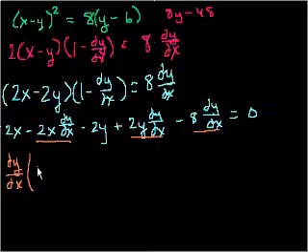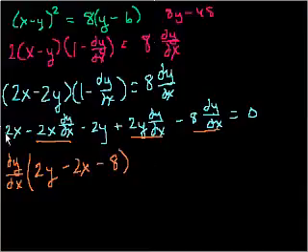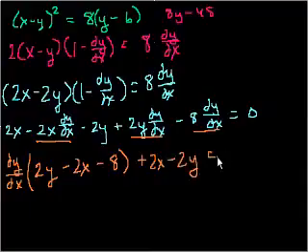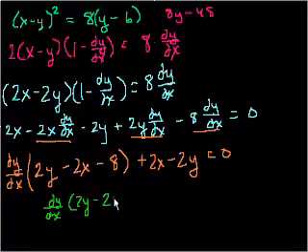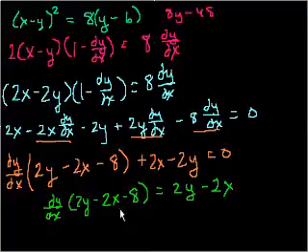I'll put that one first. 2y minus 2x, right, that's this one, minus 8, and then plus 2x minus 2y is equal to 0. Let's put these onto the right-hand side of the equation. We're almost there. dy dx times 2y minus 2x minus 8 is equal to 2y minus 2x. I just took those, put on the right-hand side. And now divide both sides by this, and we are done.